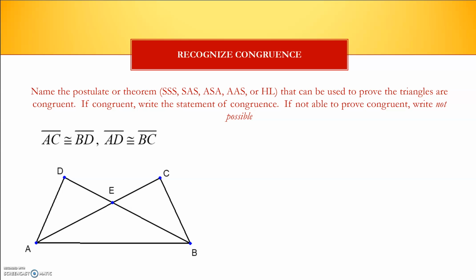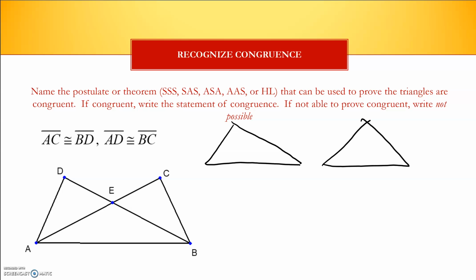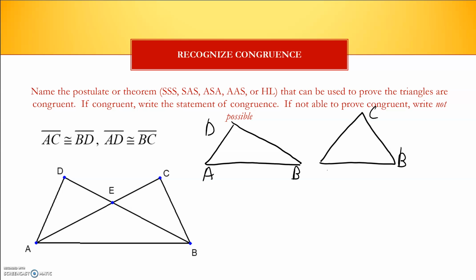All right, I'm going to redraw these separated just because I think it's sometimes difficult to figure out what's going on if we have two triangles that are overlapping. Okay, so the one on the left is DBA, and this one is CBA. Okay, point E doesn't really matter here.